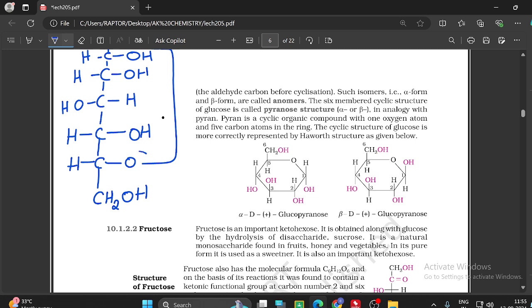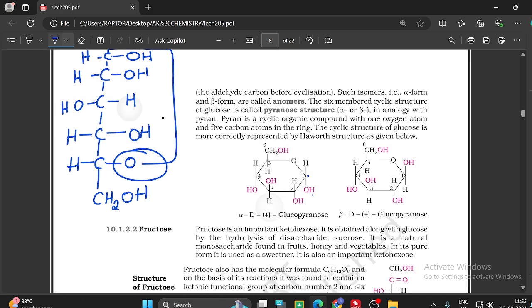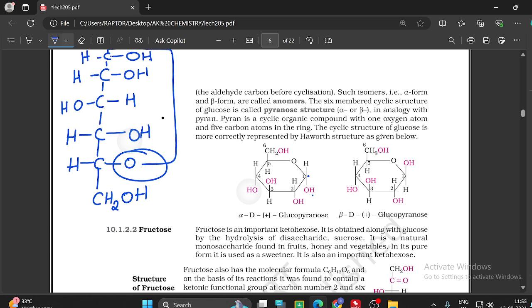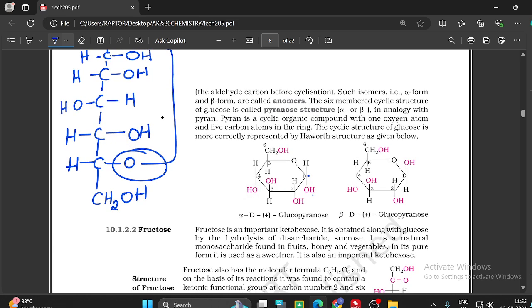This oxygen, listen, this oxygen only they mentioned here. First carbon, this is the first carbon. The right hand side OH, that I brought to the bottom. Then the second also OH, bottom. Then hydrogen, bottom. Then OH, bottom. Then CH2OH at the top.